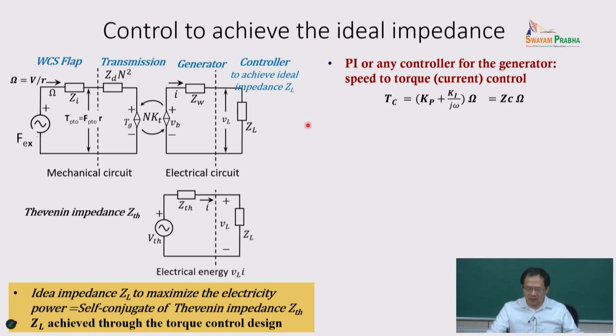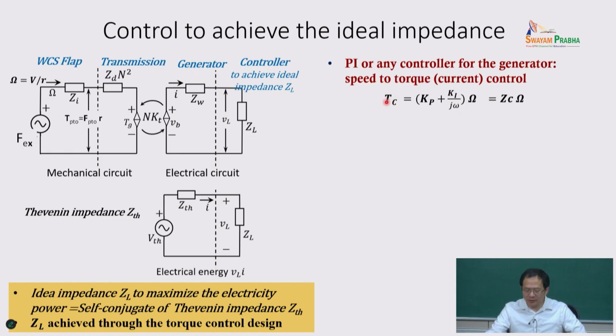So now, how are you going to use control to achieve the ideal input impedance? Here, I want to highlight one case, a very simple understanding. You measure the generator's velocity, omega, right?